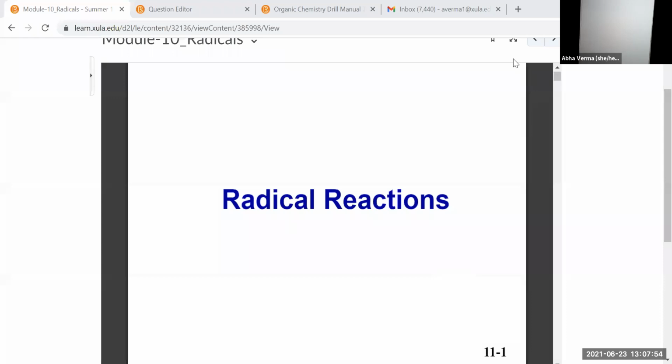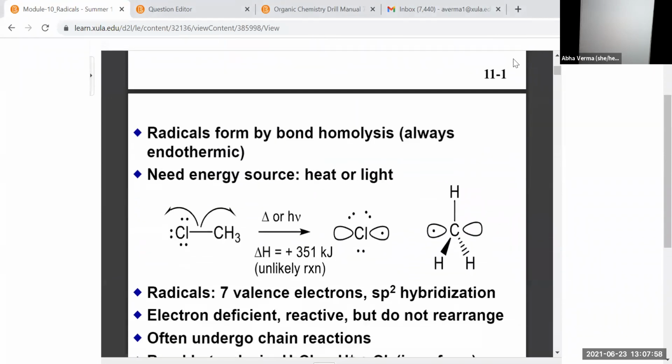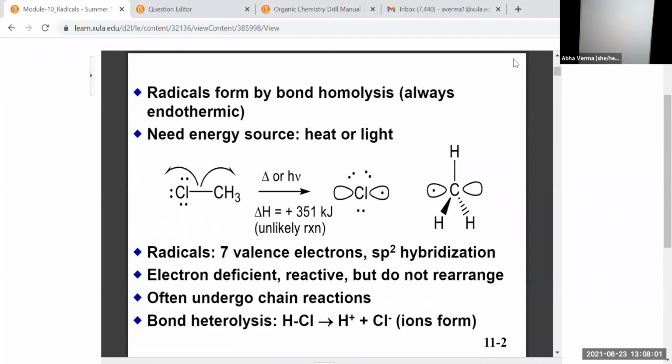Before we go into radical reactions, I just want to give you a reminder about what a radical is. You must have a little vague idea what a radical is from your Gen Chem classes, right? Most of the time you would have looked at the oxygen turning into a diradical. And we talk about eating antioxidants like blueberries to quench this radical.